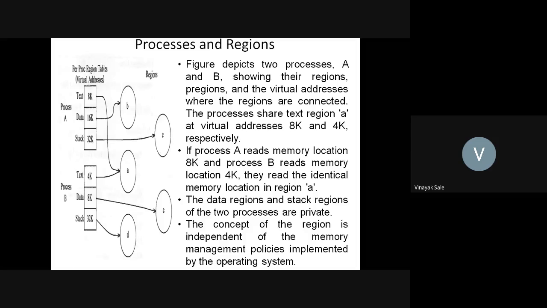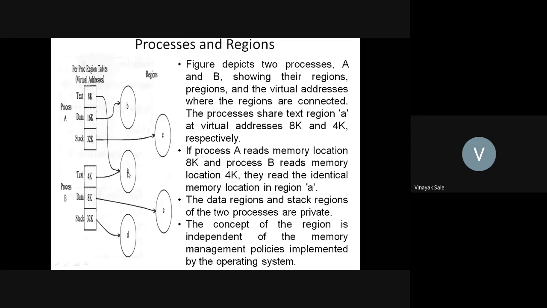The processes share a text region A, where process A's virtual address is 8K and process B's virtual address is 4K.